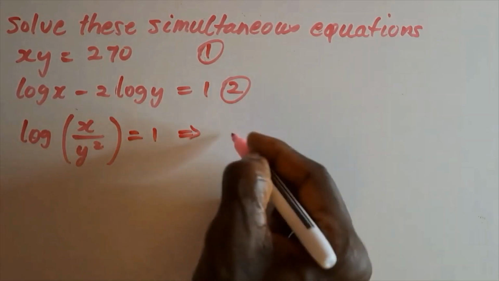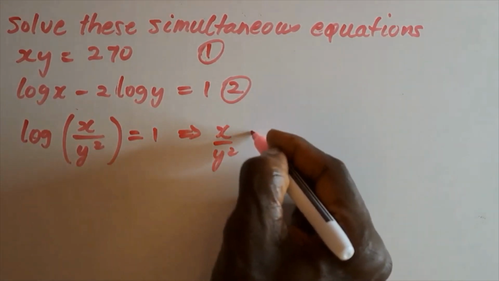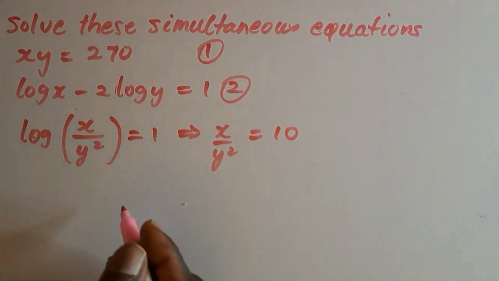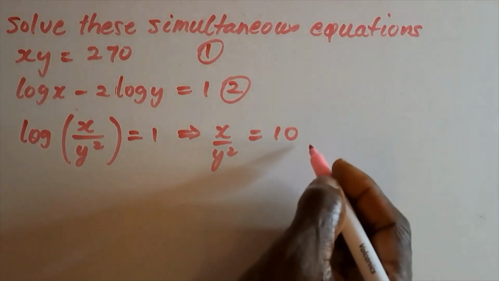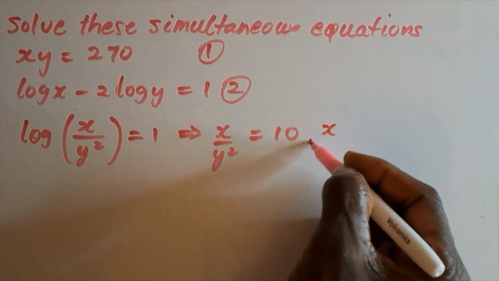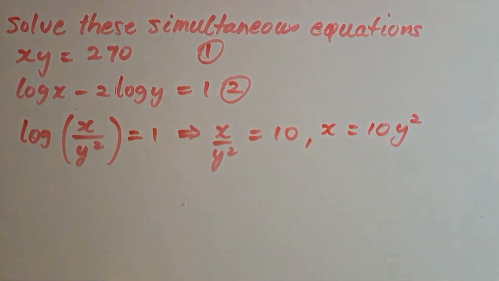So this implies that x over y squared must be equal to 10, because if we take the log of 10, it's equal to 1. Or we can write this as x is equal to 10y squared.